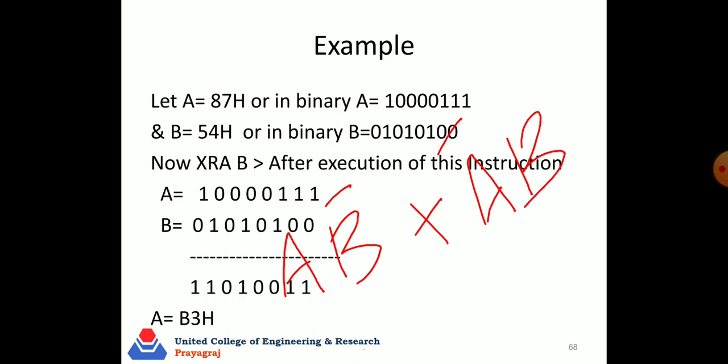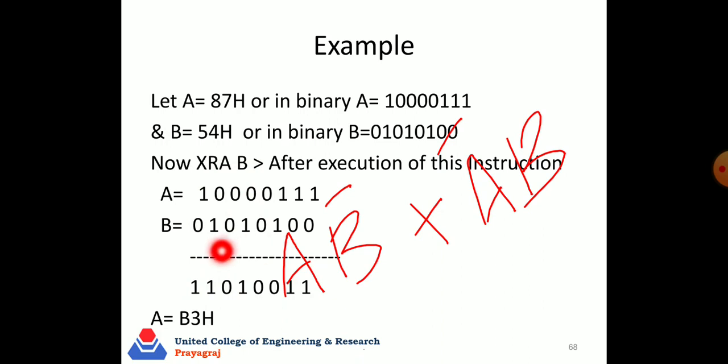If both the inputs are different, then the output is always high or 1. I repeat once again, if both the inputs are same, high or low, then the output is always low or 0. If both the inputs are different, then the output will be 1. So if we have 1 0, the output is 1, 1 0 1, 1 1 0, 0 0 0, 0 1 1, 0 0 0, 0 1 1, 1 0 1.